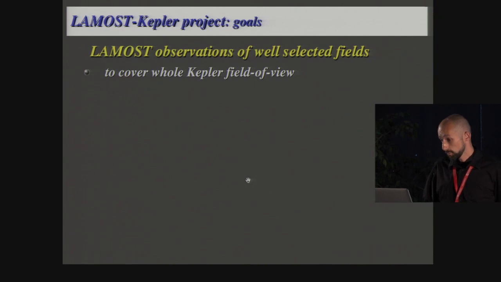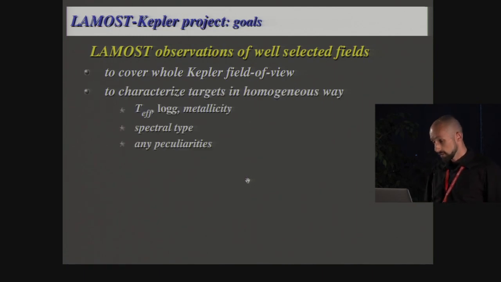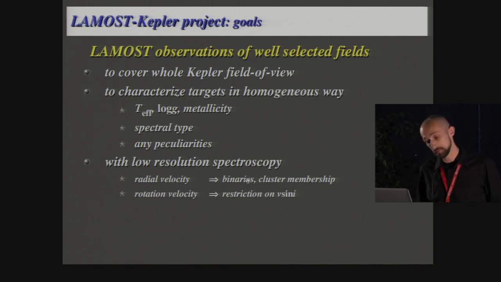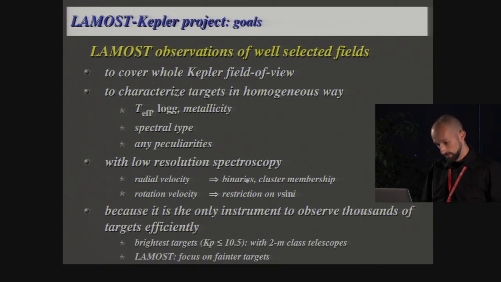So in the LAMOST-Kepler project, what do we want to do? We selected fields to cover the whole Kepler field of view, to characterize these targets in a homogeneous way, so to determine the stellar parameters and the spectral type, and to search for peculiarities. This is done with low resolution spectroscopy, so that also gives us some velocity information, and in some cases we can also get an idea of the rotation rates.